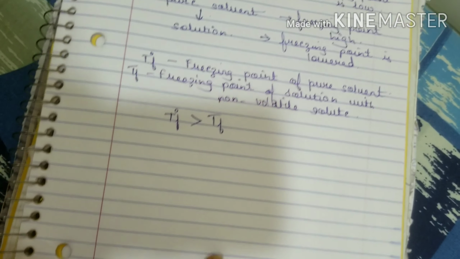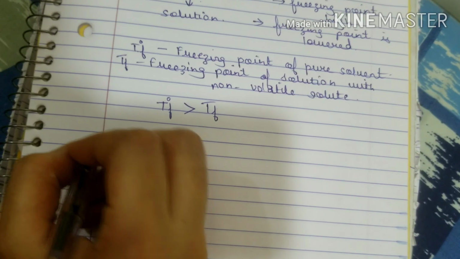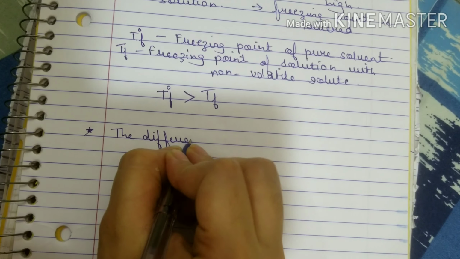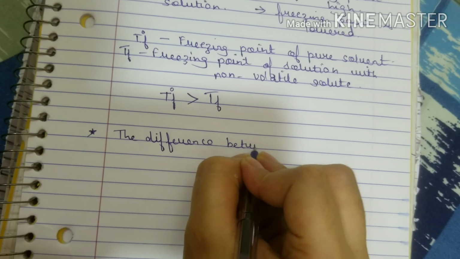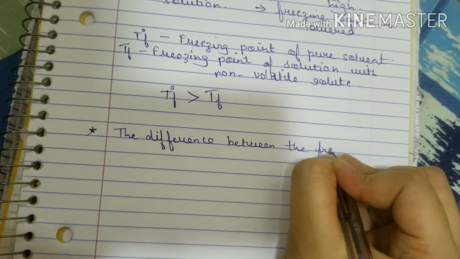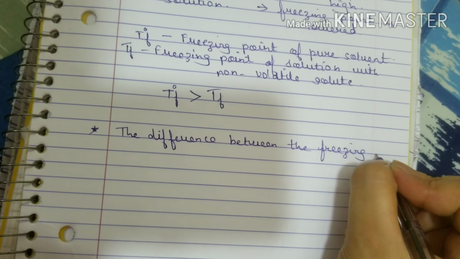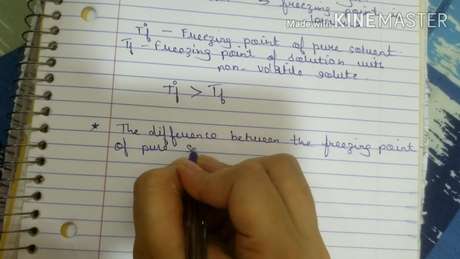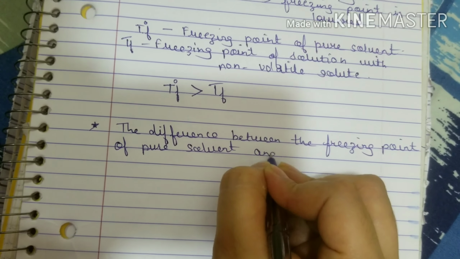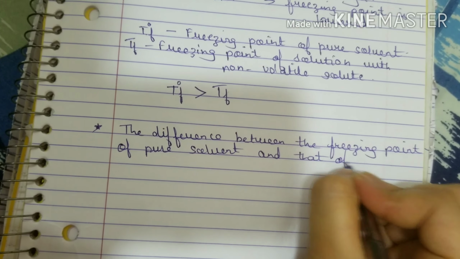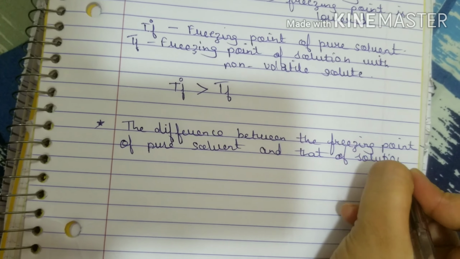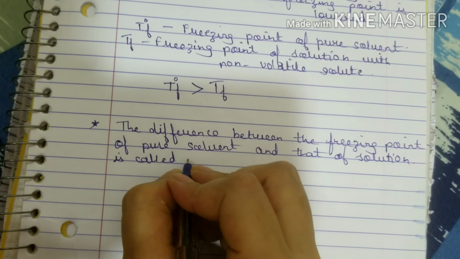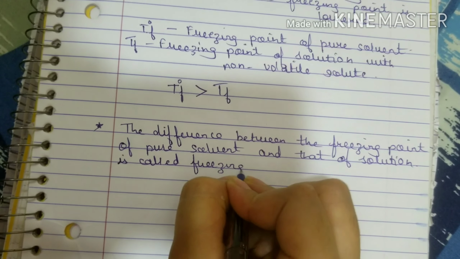Now, how are you going to define the freezing point depression? It is the difference between the freezing point of pure solvent and that of solution, which is called freezing point depression, or depression in freezing point.